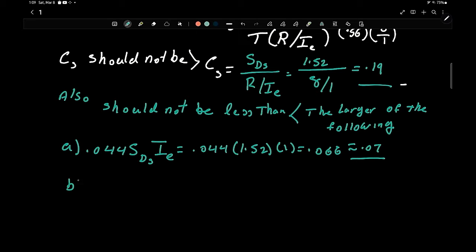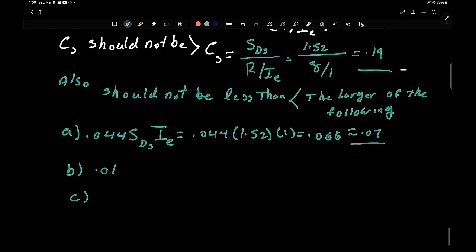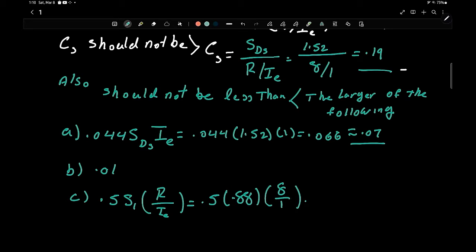B could be 0.01. C, it was 0.5 S1 times R divided by IE. So it's 0.5, our S1 is 0.88, and 8 divided by 1.